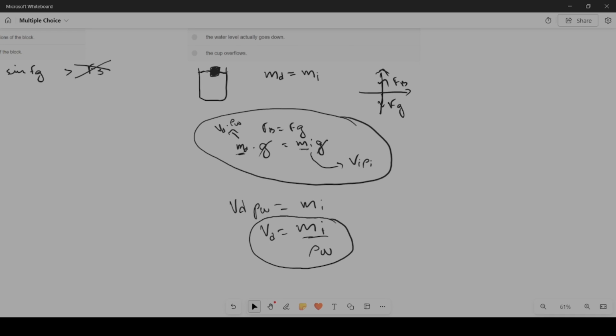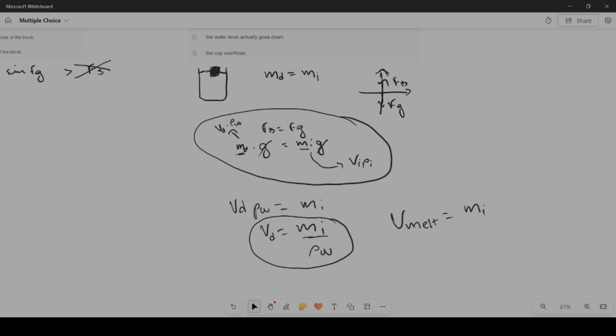And so once the ice cube is completely melted, all of that mass becomes liquid water.